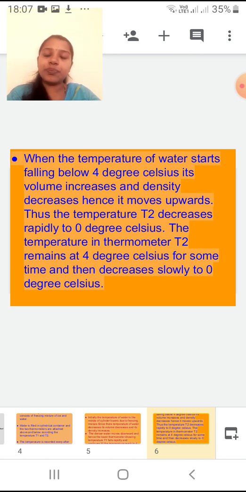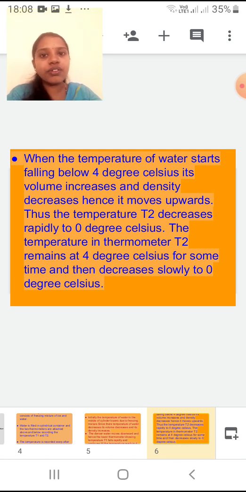Okay. Now as you have seen about these temperatures T1 and T2, again I'll repeat. T1 first will show a rapid fall in temperature to 4 degrees Celsius. And as it is showing a decrease to 4 degrees Celsius, what will happen to the water present at the bottom? Volume is going to increase and density will decrease, so the water will move upwards.